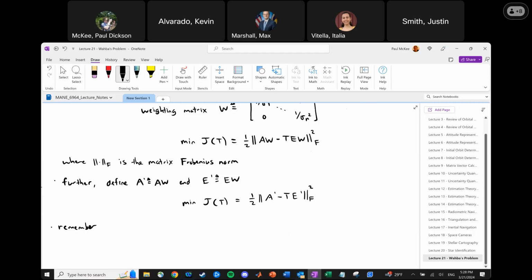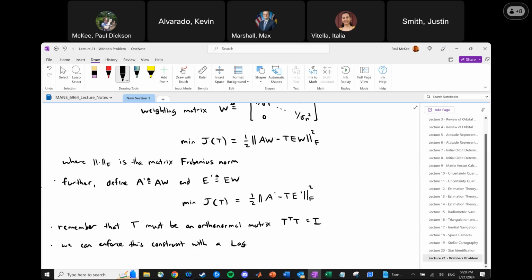So first we'll say this. Remember that T must be an orthonormal matrix. And that means that T transpose T equals the identity matrix. So we can enforce this constraint with a Lagrange multiplier.